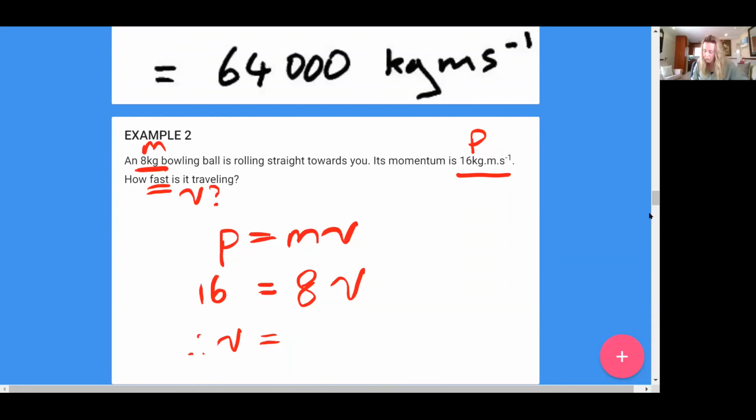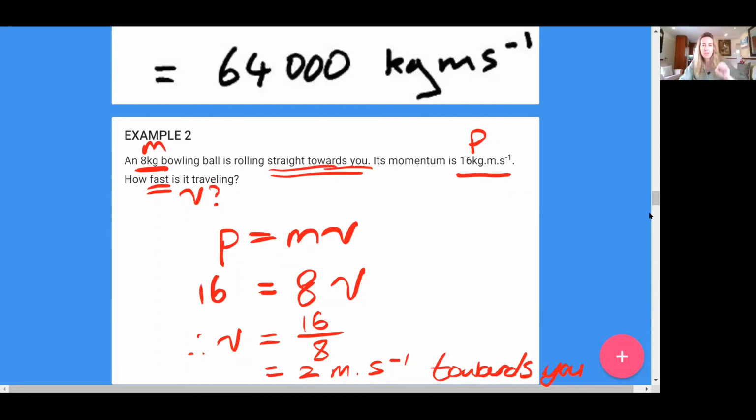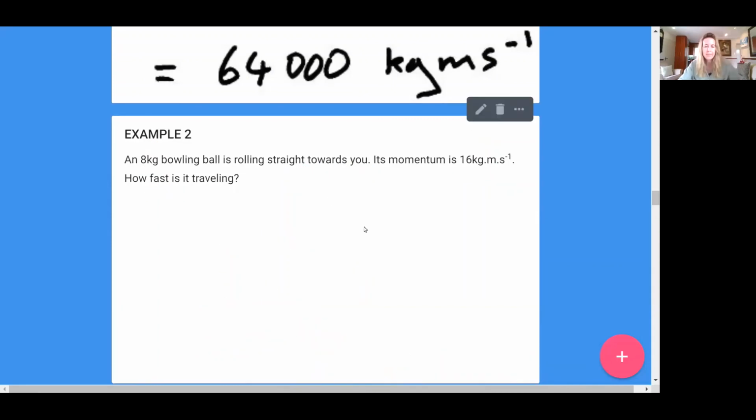We have to therefore divide away with 8 to the other side, and that gives us 2 meters per second towards the observer, because that is the direction given. Remember, velocity is a vector, and so you need to state a direction as well.